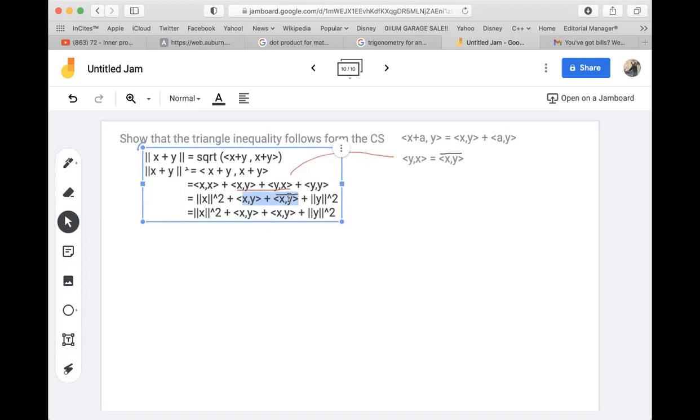So we can rewrite this part, it is actually equivalent to 2 real number of inner product xy. Okay, so this is actually from the properties of conjugate of complex number.